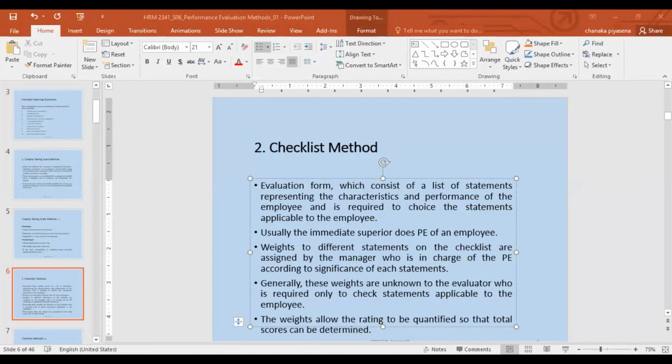Likewise, we can put a weighted system. For each of the 5 statements, if we assume there are only 5 statements in our performance evaluation form, we can put several weights on our form. The third is important, 15%.